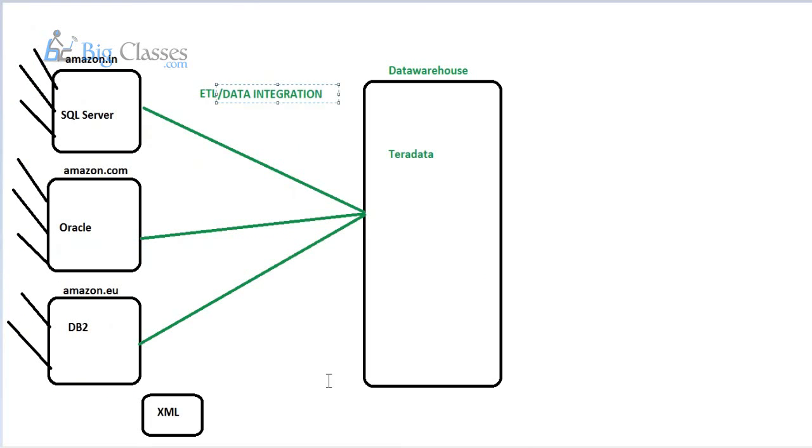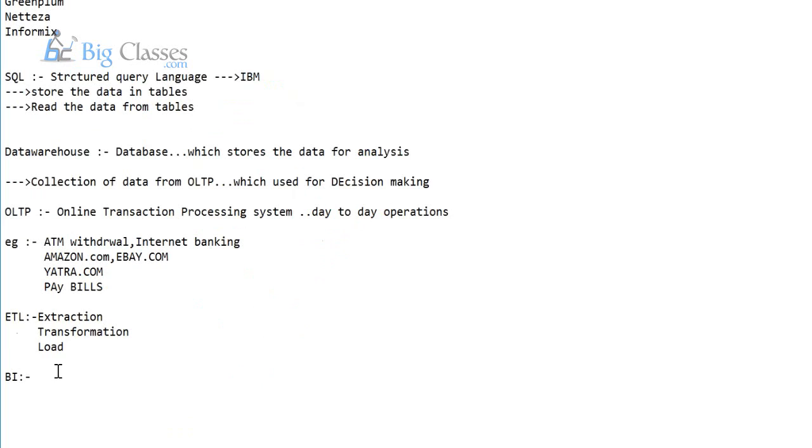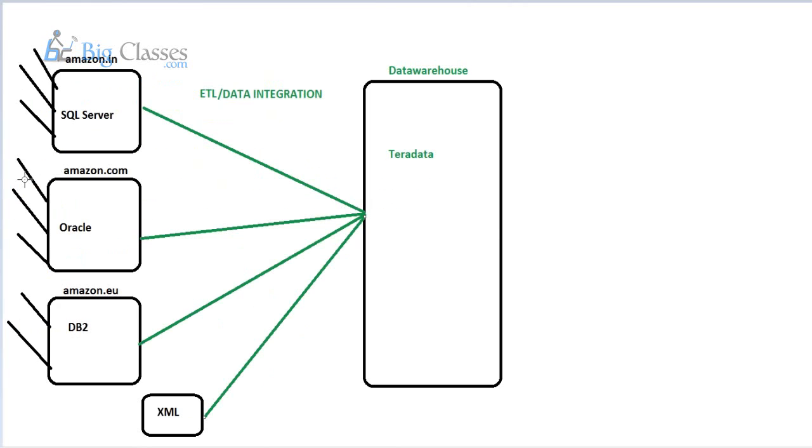To integrate the data from all these different applications into one single centralized database for analysis purposes can be done by using any of the ETL tools. You have hundreds of ETL tools available in the market, so your Amazon client can do it by using any of them.